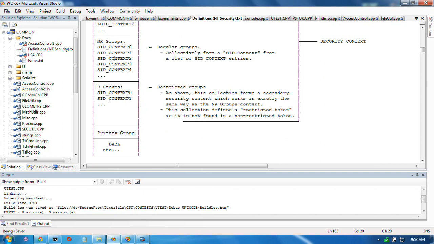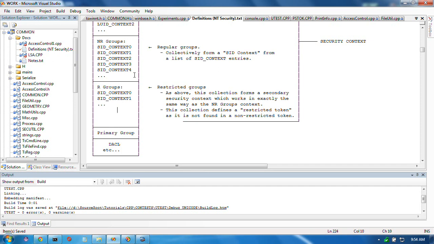Now, one is to consider these two lists as completely independent security contexts. Okay? So this is in itself a security context to be measured against the access control entries existing in the securable object, and within this context, access may or may not be granted.